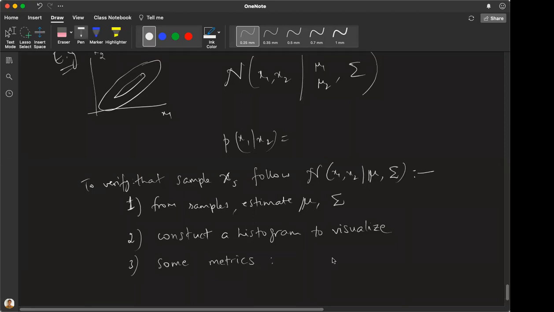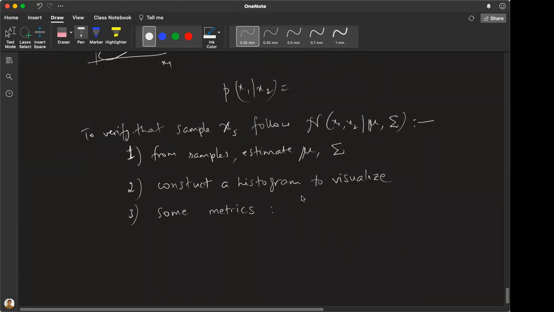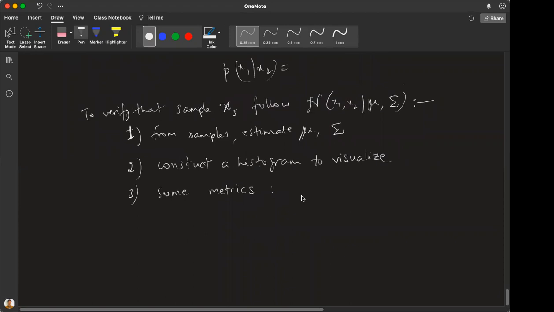What are the metrics that you can use? Let's say likelihood, where the likelihood is maximum, or you can use KL divergence. Those kinds of methods can be used.